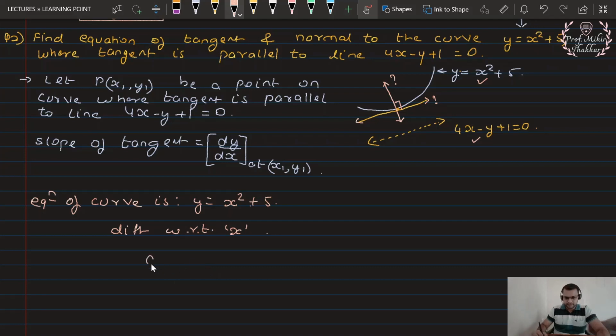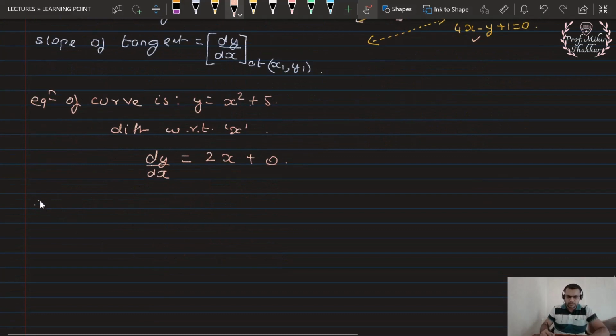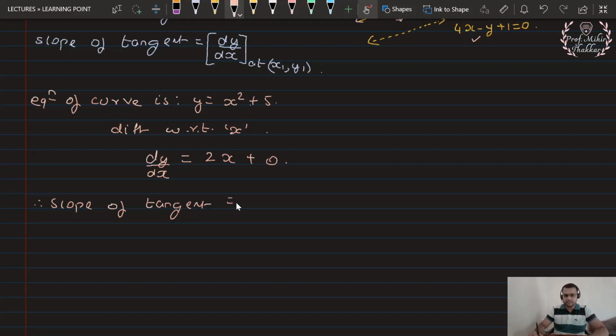So I will get dy by dx is equal to 2x plus 0. Therefore slope of tangent is just 2 into x1. Give it as equation number 1. What have we done? We have substituted over here the value of x as x1 because we are assuming that point (x1, y1) is the point on the curve.